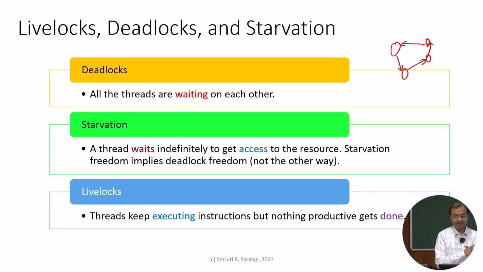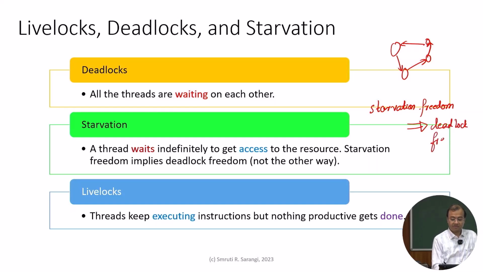Starvation freedom implies deadlock freedom. Starvation freedom would mean that every philosopher is getting the forks in a finite amount of time. Finite or bounded depends on the model, but at least it is not waiting indefinitely. So can you ever have a deadlock in such a world? You can't, because a deadlock is denying you resources indefinitely.